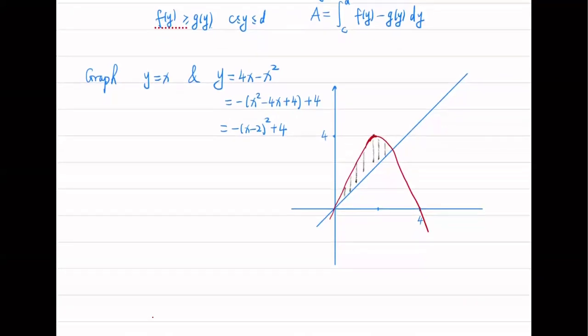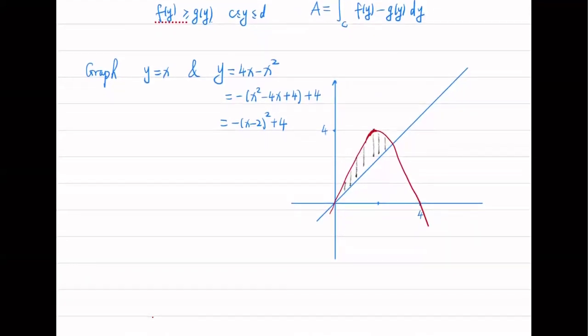We start at 0. Where do we stop? What's this point? Not easy.